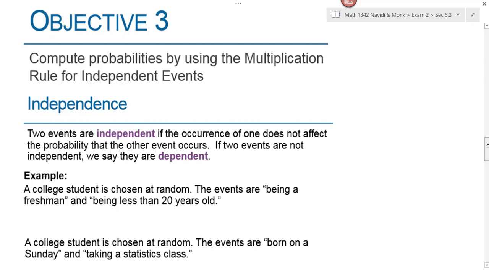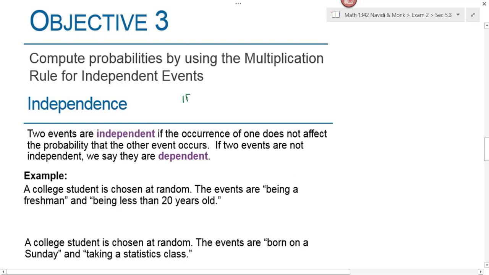So let's talk about what an event looks like if it's independent. Two events are independent if the occurrence of one does not affect the probability that the other event occurs. That's about as simply as I can put it. If two events are not independent, then we say that they're dependent. I could use a formula here to illustrate this point.